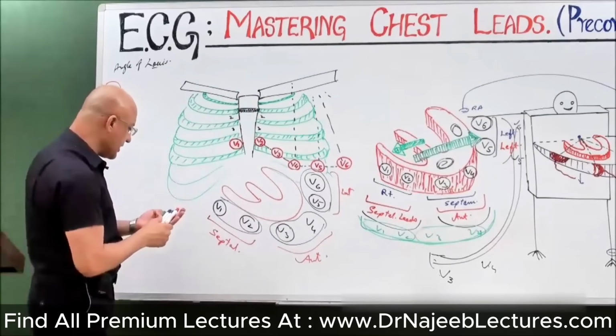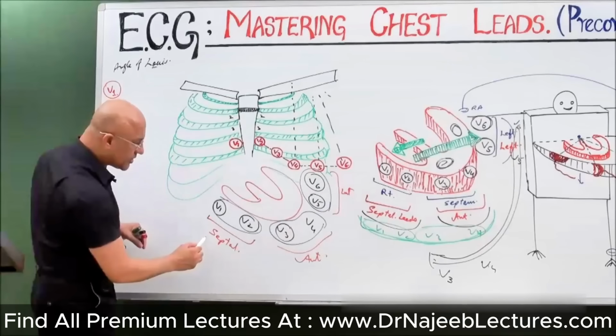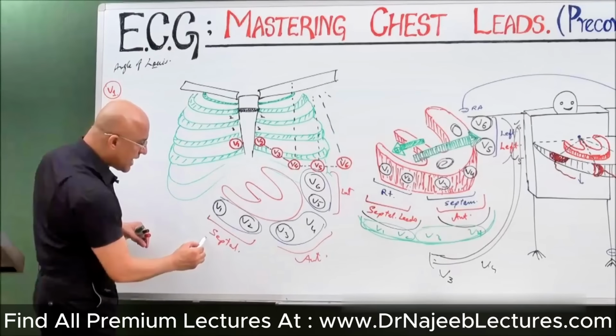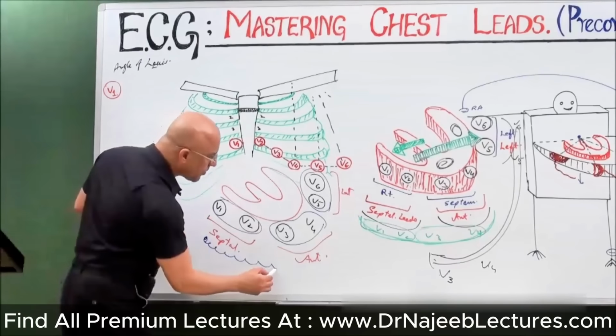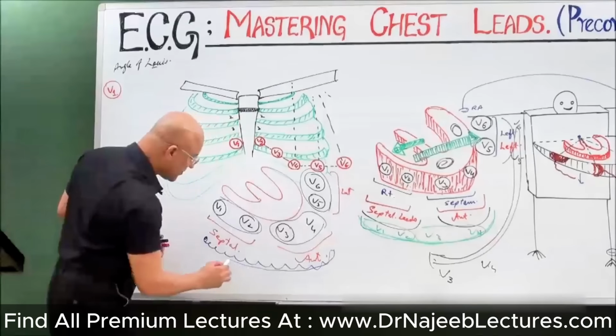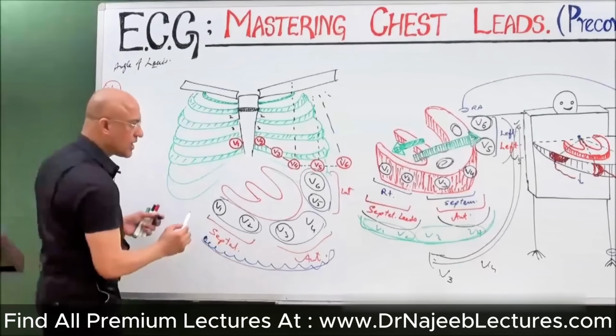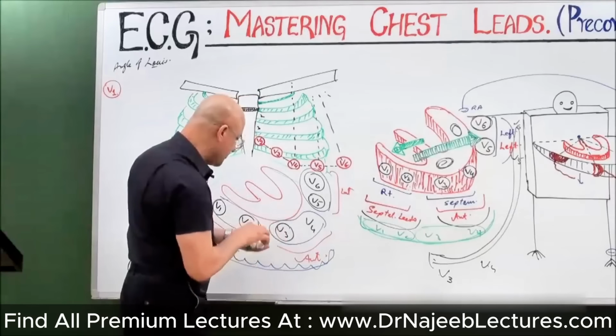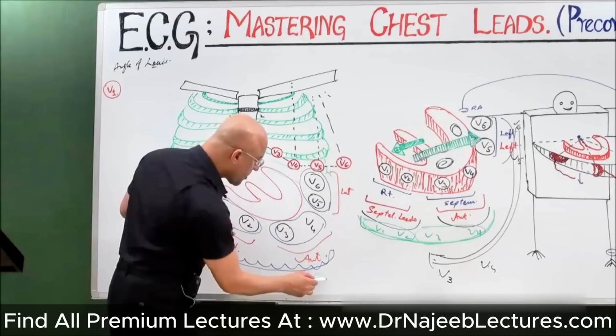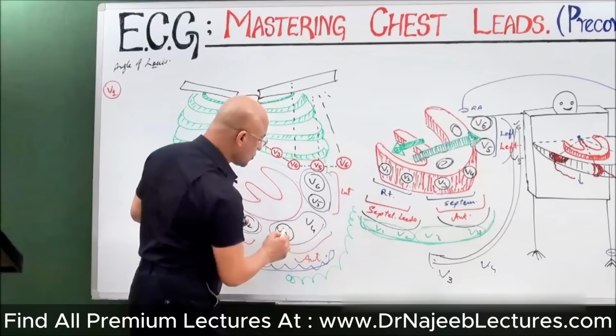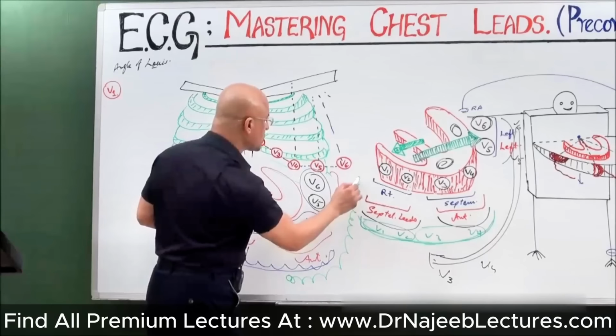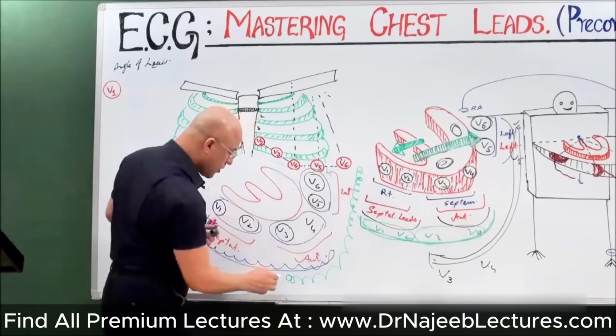Now, if there are changes in V1 and changes extend up to V4, what is this? Anteroseptal. And if changes are in V3, V4, and also changes are shown in V5 and 6, what is this?